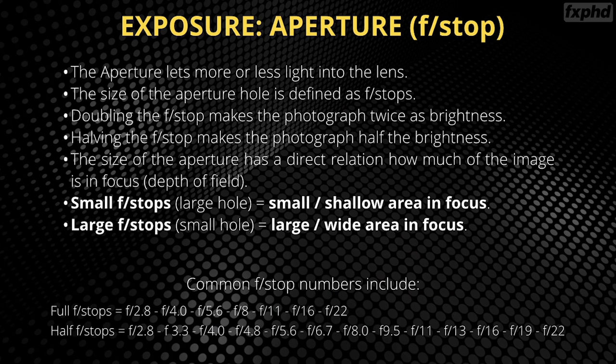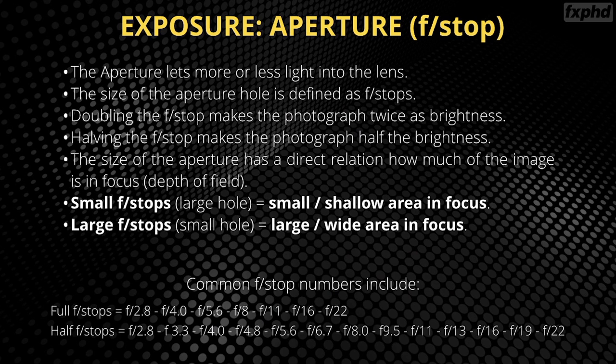Now, it's a little bit confusing, this one, because a small f-stop actually is a large hole, and it gives a small or shallow area of focus, whereas a large f-stop actually makes a very small hole, and you get a large or wide area in focus. So some common numbers you can see at the bottom.